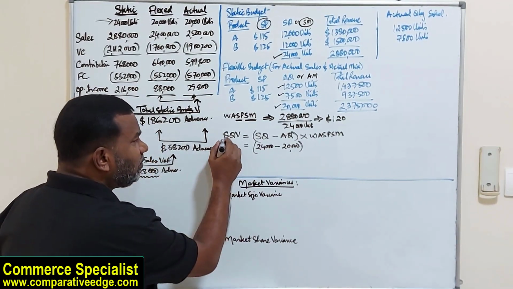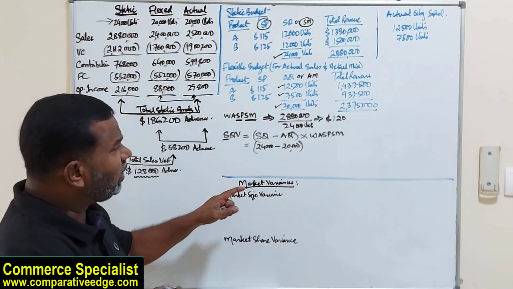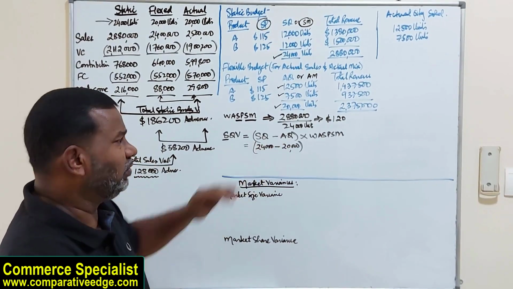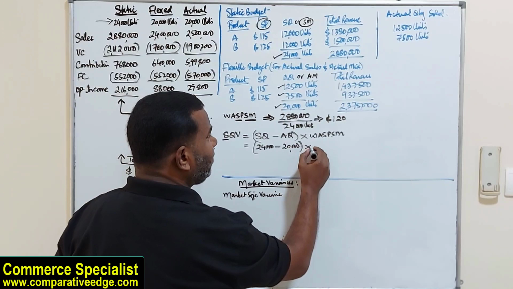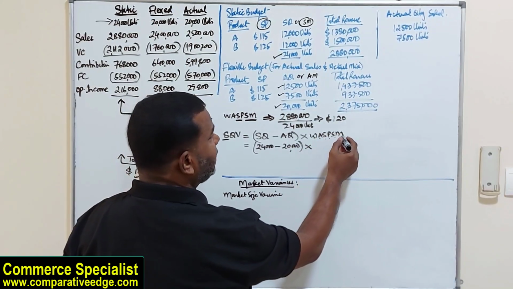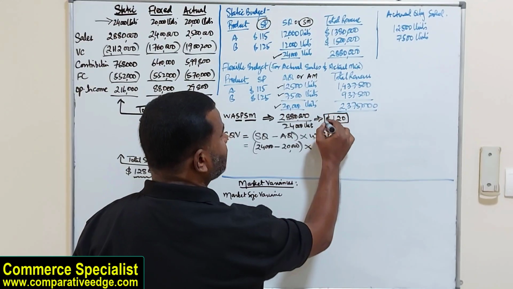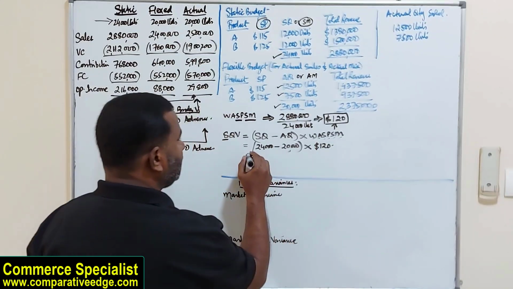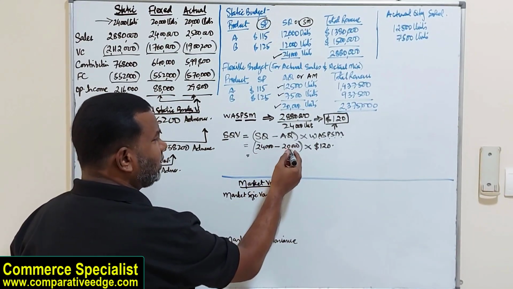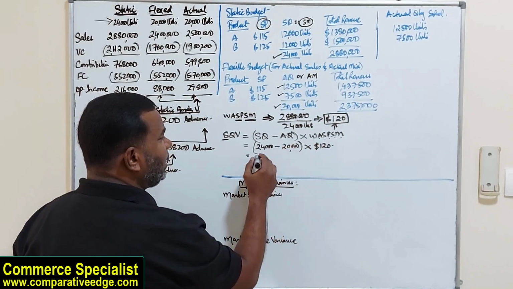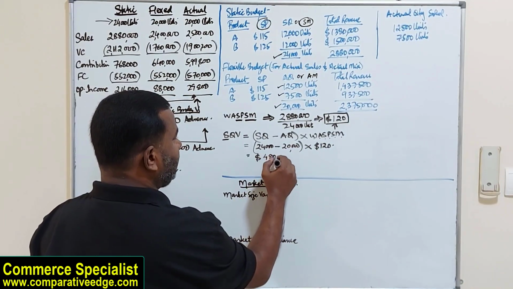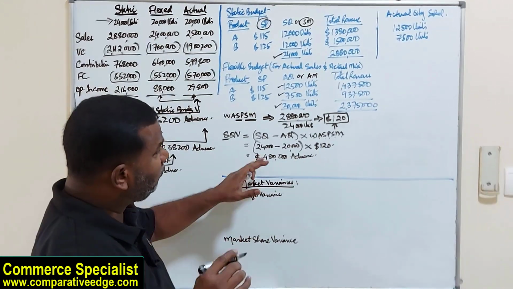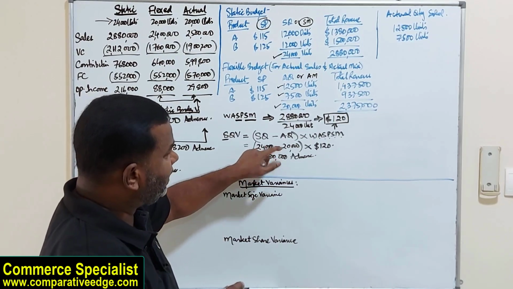Don't forget, we are talking about sales variances. It's a revenue item. We wanted to sell 24 but we sold less. The answer has to be unfavorable, adverse. Multiply by weighted average standard price for standard mix. So you multiply it by 120. So obviously 24 minus 20 is 4,000. 4,000 into 120 will finally give you 480,000 adverse variance.